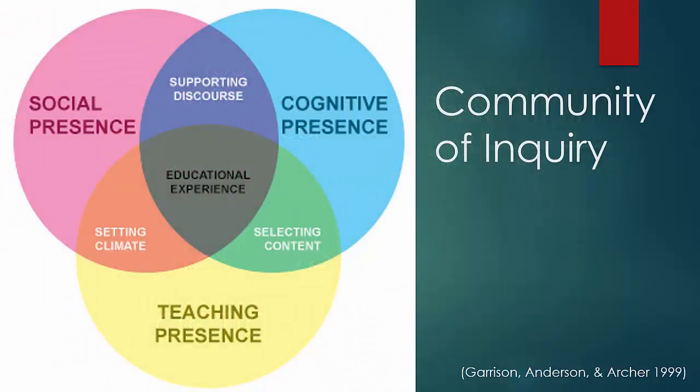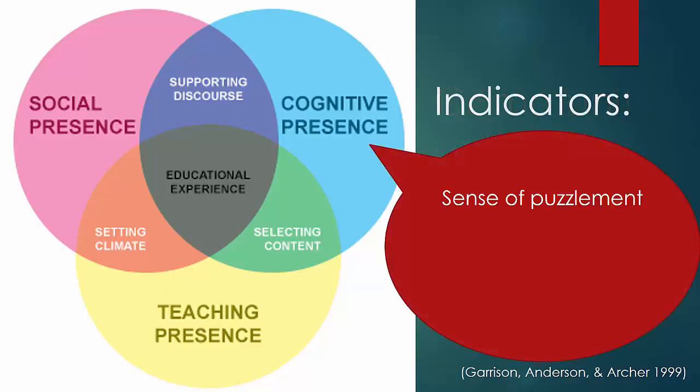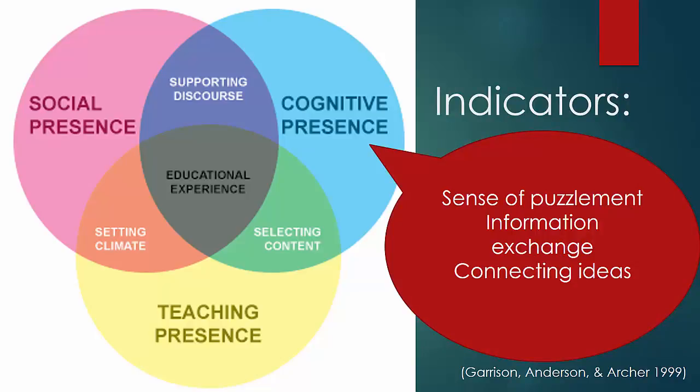This community of inquiry was further developed by Garrison, Anderson, and Archer, looking at the different presences that happen within a course: the social presence, the cognitive presence, and the teaching presence. And through the interaction of these three core elements, then learning occurs. Cognitive presence indicators include a sense of puzzlement, information exchange, connecting ideas, and applying new ideas.